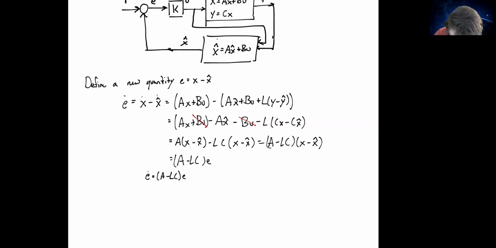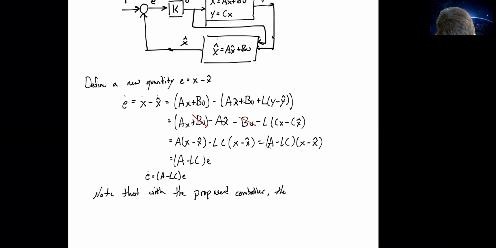Let's note that with the proposed controller, the state equations become ẋ = Ax + B(r - x̂).